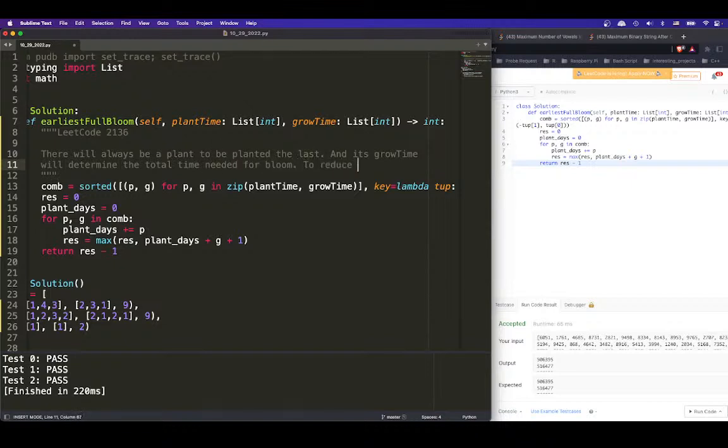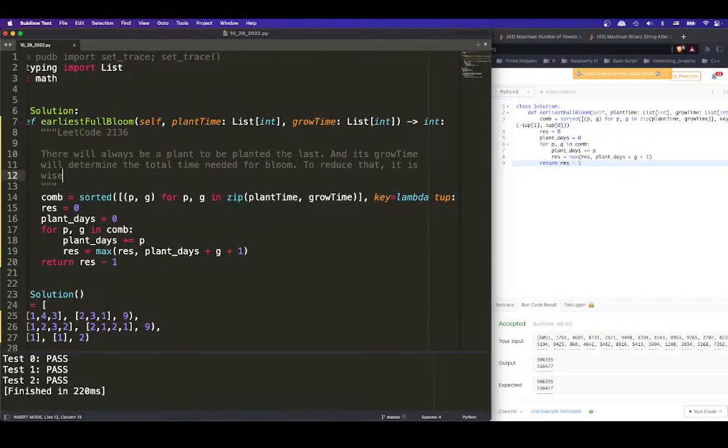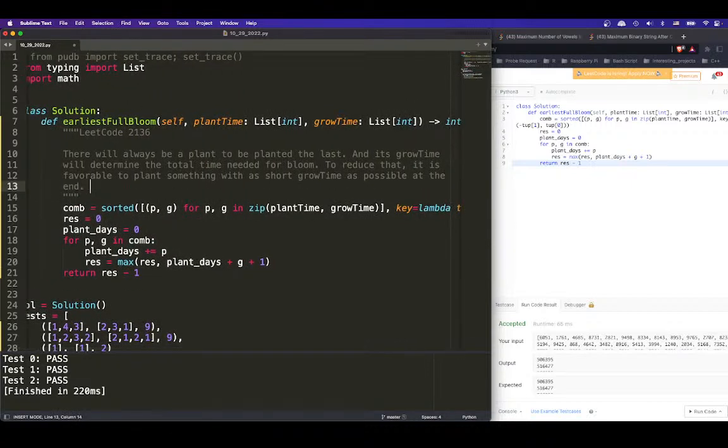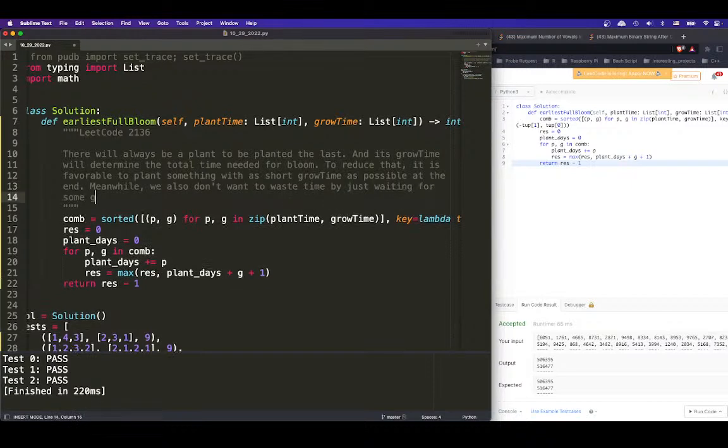To reduce that, it is favorable to plant something with as short a grow time as possible at the end. Meanwhile, we also don't want to waste time by just waiting for some grow time without planting anything.